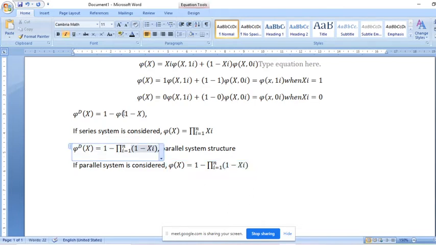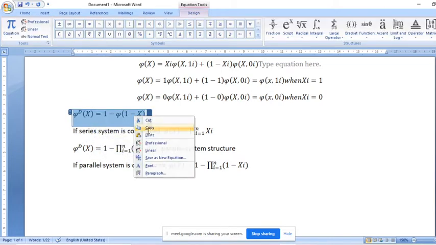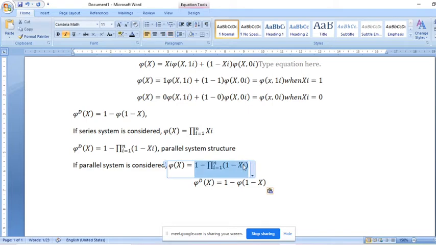So what will be the representation of the dual structure? We can substitute this result in the right side. Instead of xi we have to use 1 minus xi.